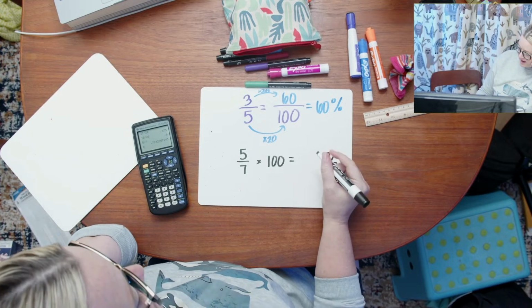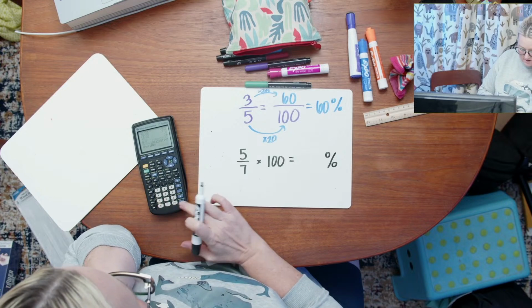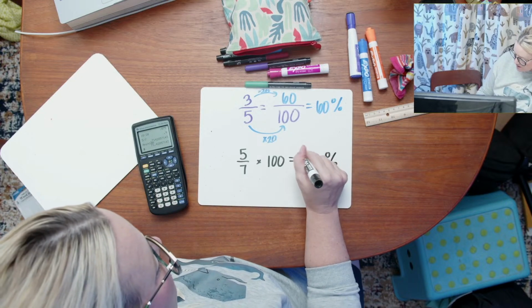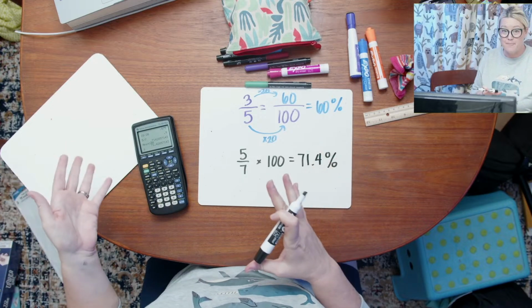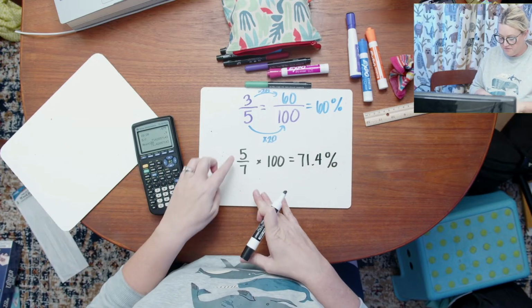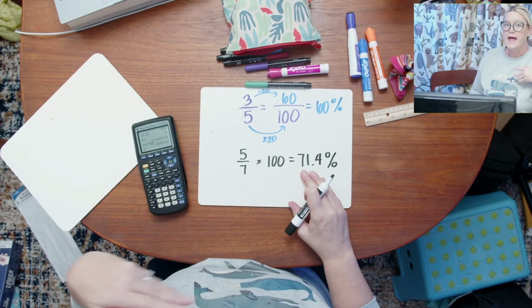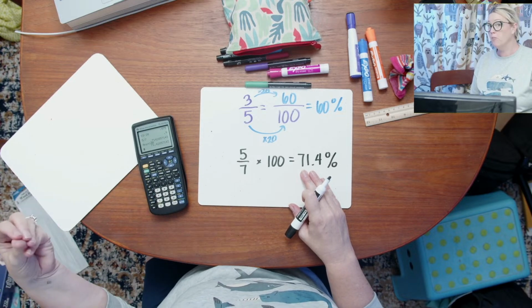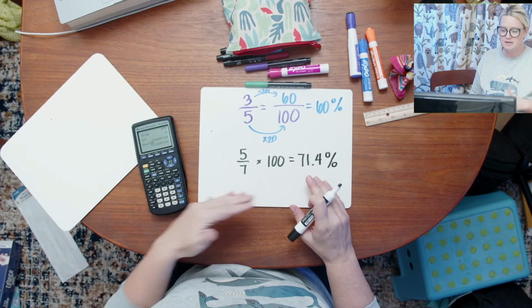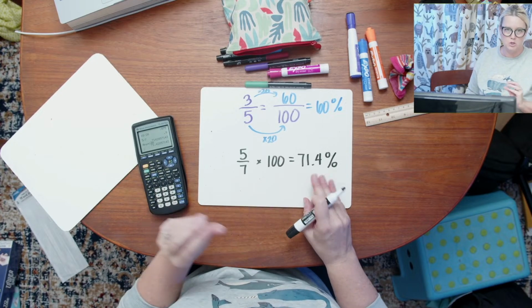So 5 divided by 7 times 100 gives us 71.4%. It's the same idea: 5 out of 7 is the same thing as 71.4 out of 100. So that's where percentages come from.